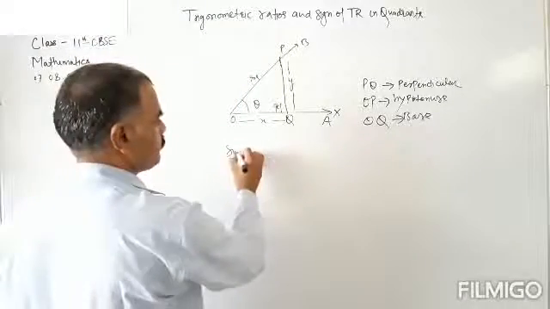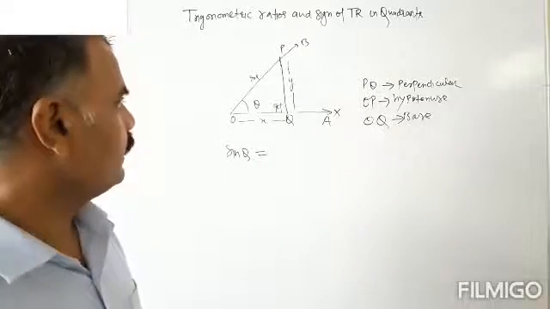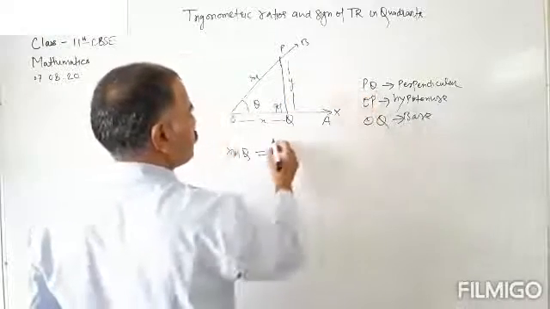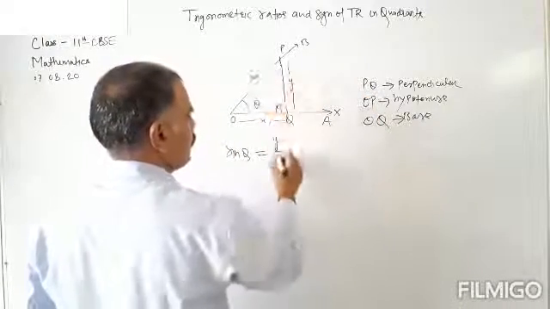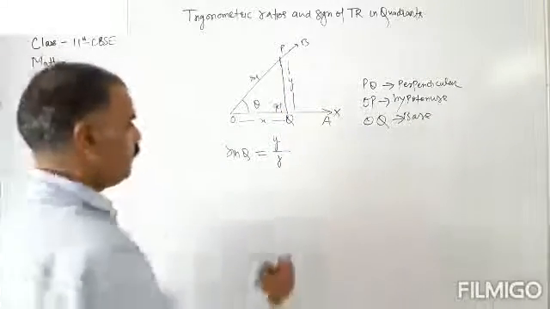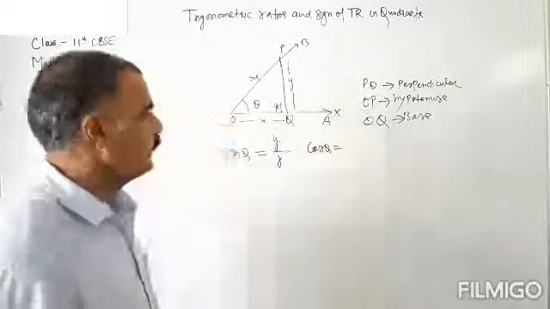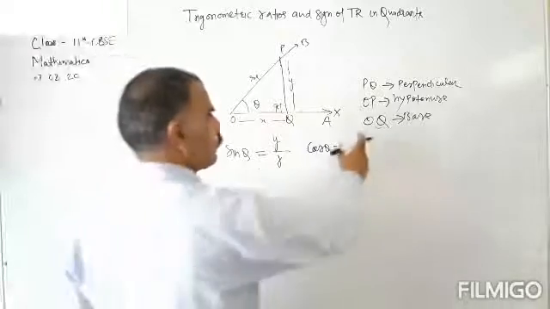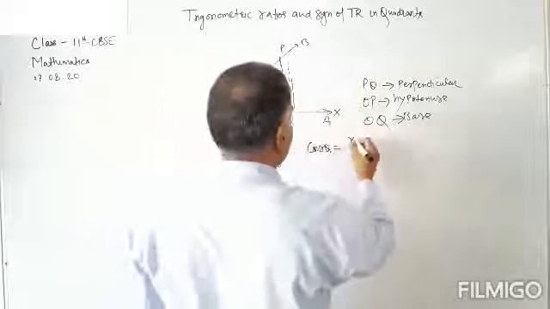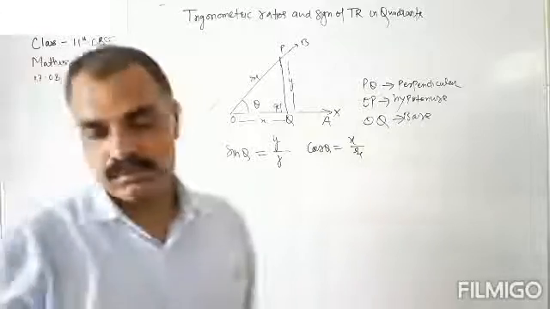Sine theta is the ratio of perpendicular and hypotenuse, that is PQ, which is Y, upon hypotenuse R. So sine theta equals Y upon R. And cos theta is the ratio of base and hypotenuse, that is OQ and OP, that is X and R. So cos theta equals X upon R.